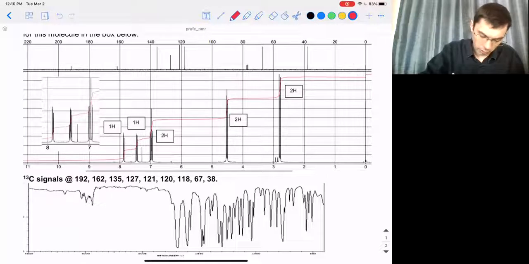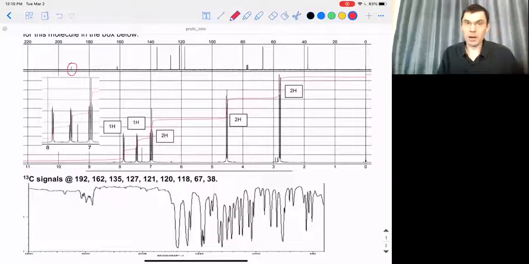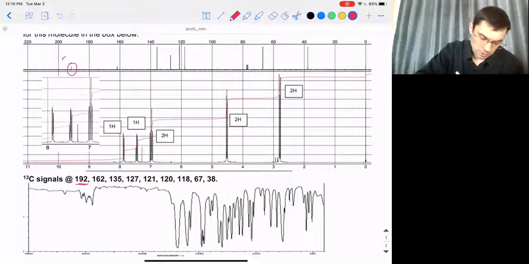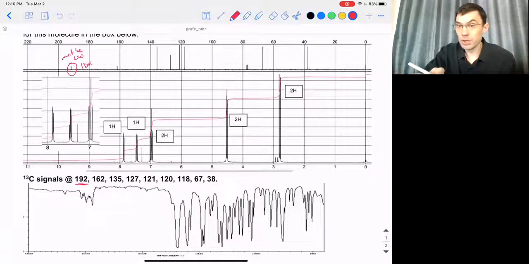And at least one big clue pops up right off the bat, and that's this carbon peak, and you'll notice they're listed down below. And so a carbon resonance at 192 must be a CO, and that counts as 1 degree of unsaturation, which is good because we now have 5 more degrees of unsaturation to identify.